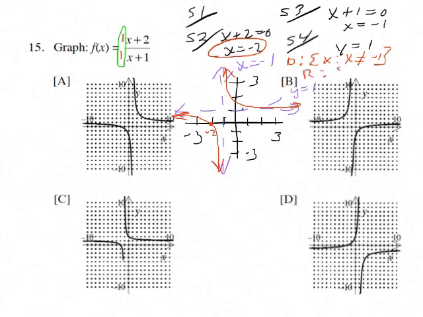Well, we put a y such that y is not equal to 1. All right, so that is what you're going to be responsible for. Now, glancing at this, which one of these matches it? Looks like C is the one that matches it.